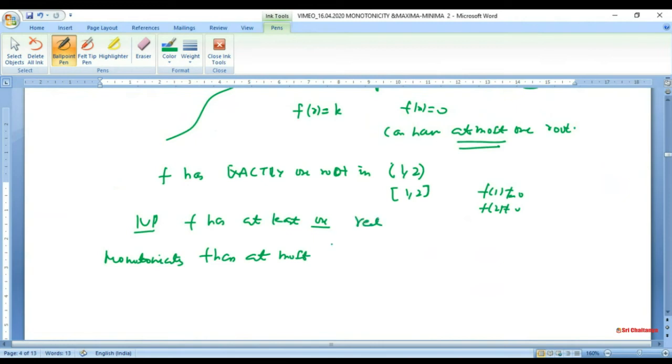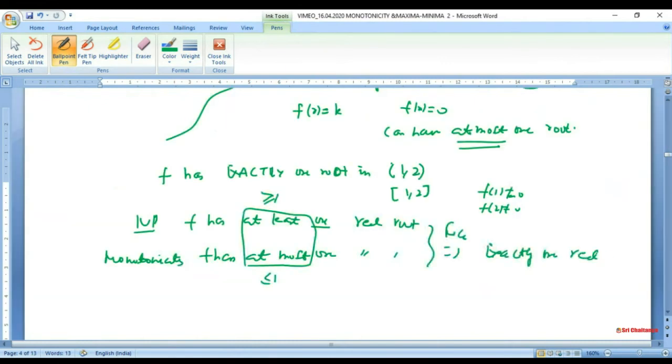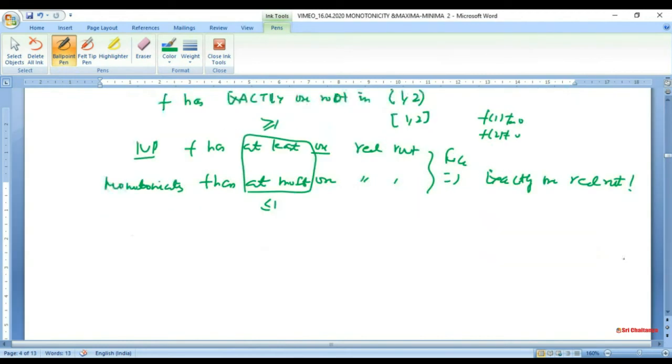Combining these, at least one and at most one together force it to have exactly one real root, and then we are done. So that's how we do this problem. It's a good one.